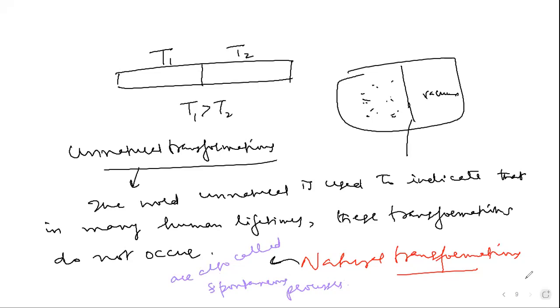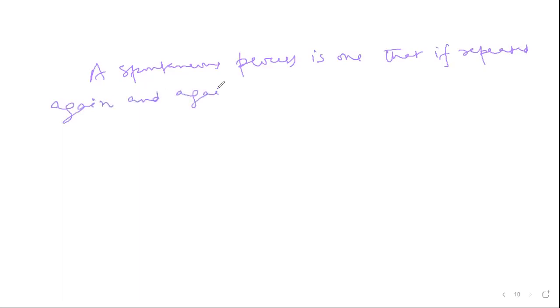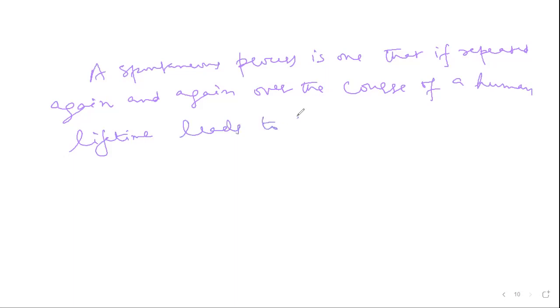Then what is a spontaneous process? A spontaneous process is one that, if repeated again and again over the course of a human lifetime, leads to the same outcome.